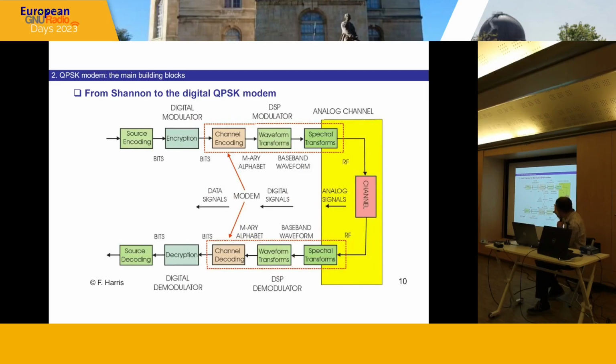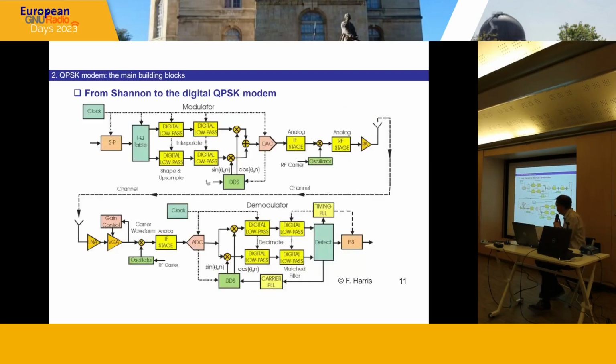And I'm going to be more precise to show my modem that you can see here, the way it's placed in this slide. So bits to bits, and of course, what I'm going to be interested in is the modem part for the transmitter and the receiver.